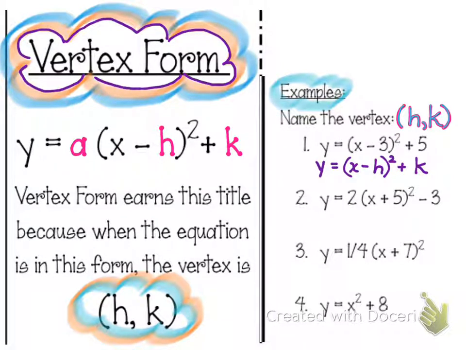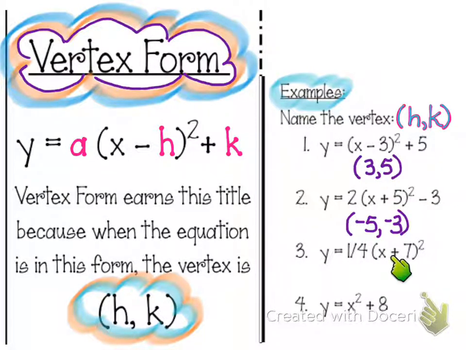Here's our general template. If we put in or take out h and k, for this particular template, what is h and what is k? Well, the answer is (3, 5), and that's where the vertex is. So it went over to the right 3 and up 5, and that's exactly where the vertex would be located. So here, our vertex is going to be at (-5, -3).